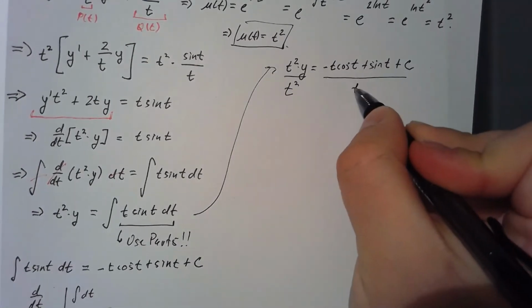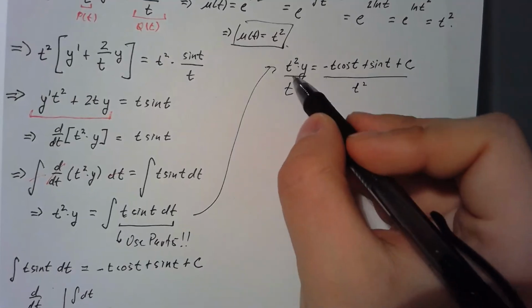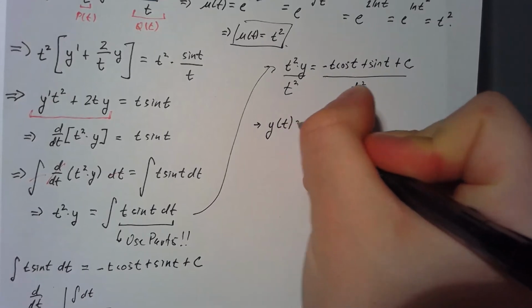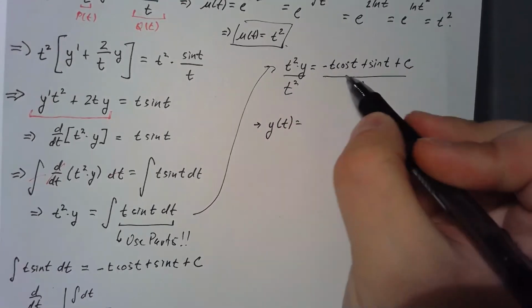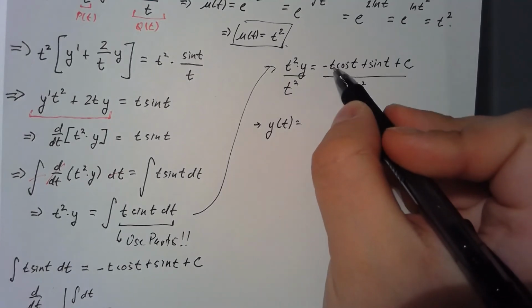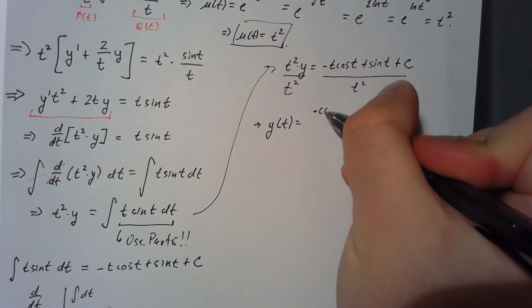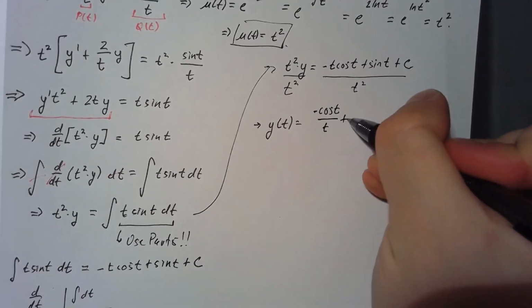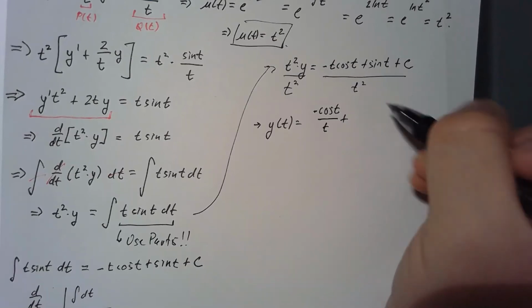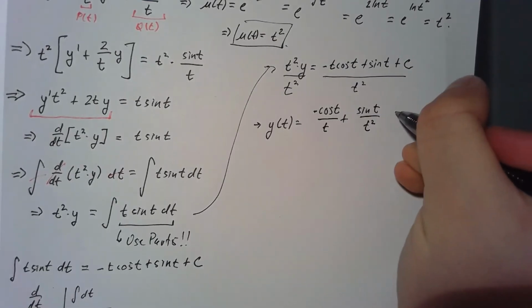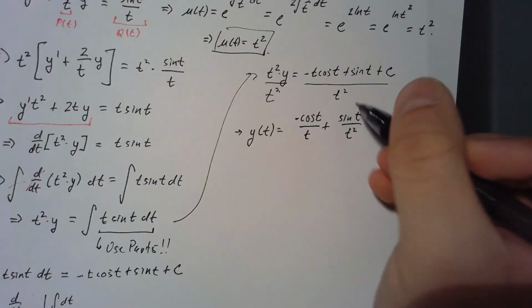So now here you're just solving for y. Right? So when you get that, you're going to get y as a function of time, or t, equals, so when you divide t squared by all three terms, the t here cancels, so I'm going to get negative cosine of t over t plus sine of t over t squared plus c over t squared.